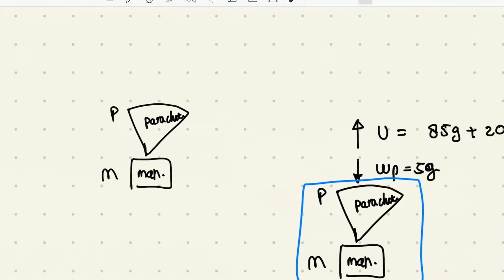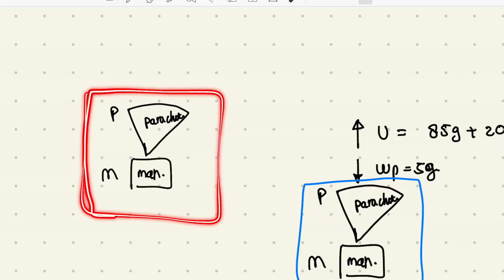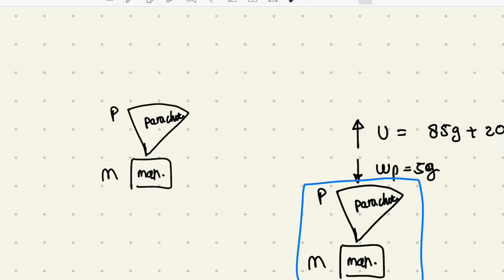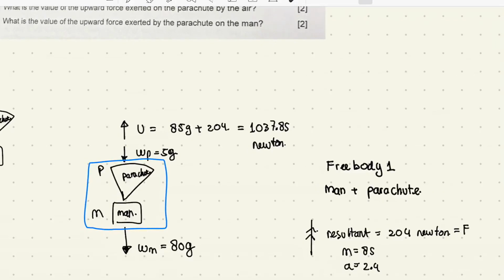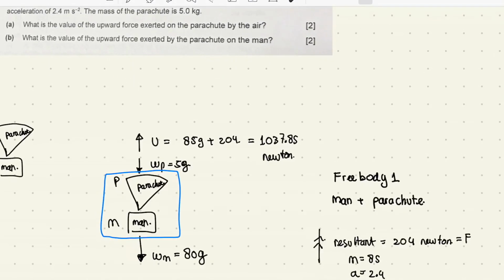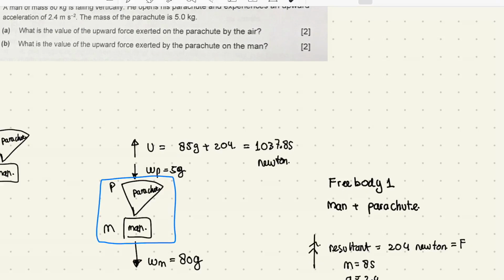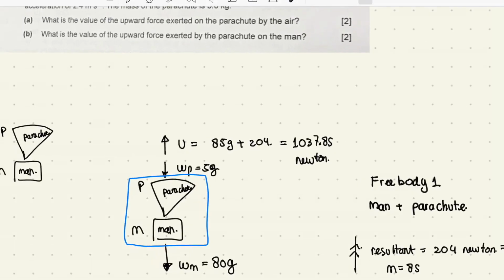Okay, what we do now, we have two objects, parachute and man. The first free body that we are going to consider is both of them, parachute plus man. There are three forces acting here. You don't have tension because it's within the free body.